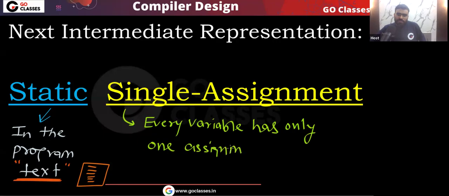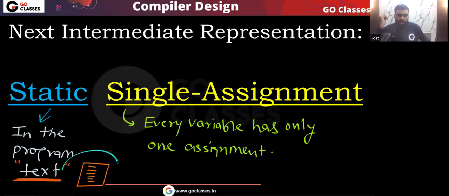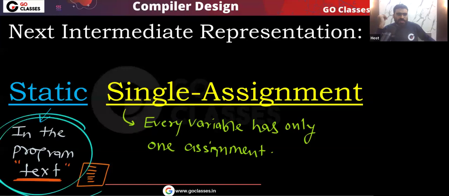Now you combine these two. Static means in the program text. Single assignment means every variable has only one assignment. What definition will you get? The definition will be: in the program text, every variable has a single assignment. In your source program, the program that you are writing, every variable has only one assignment.